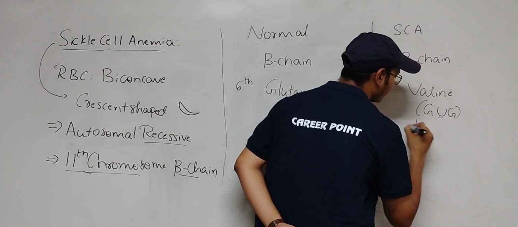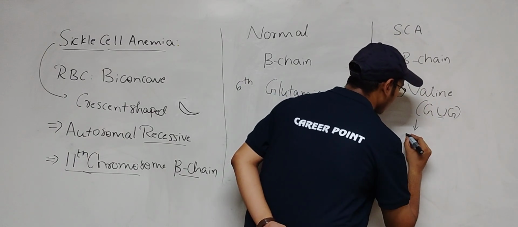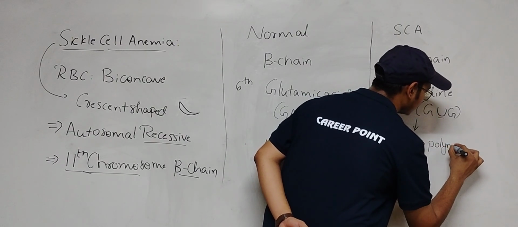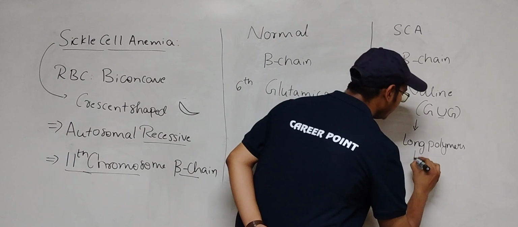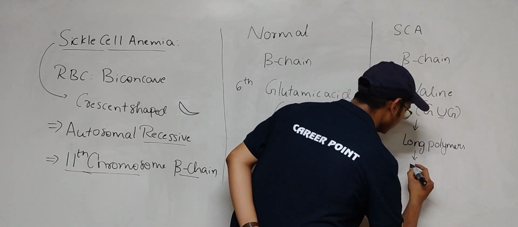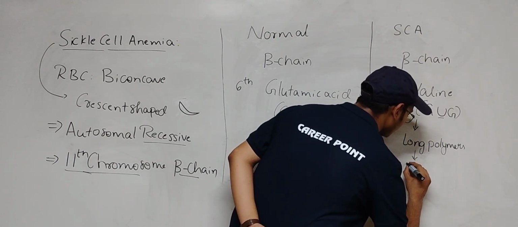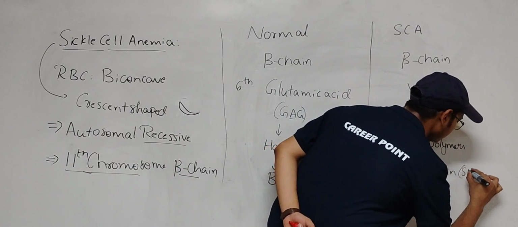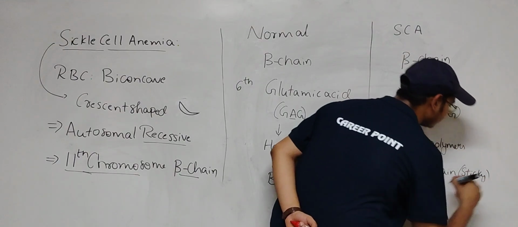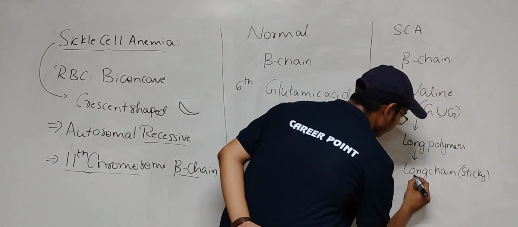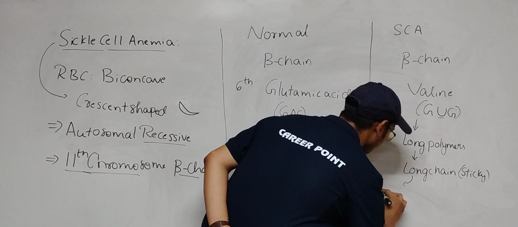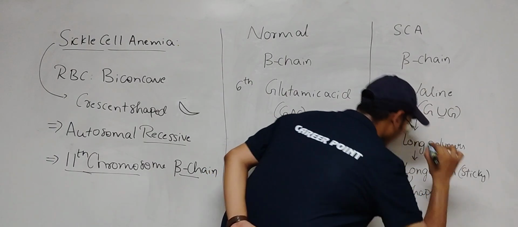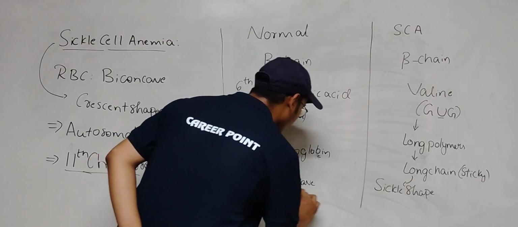And this leads to long polymers. When the oxygen is not sufficient, it will become long chains which are sticky in nature. The RBC are biconcave shape.